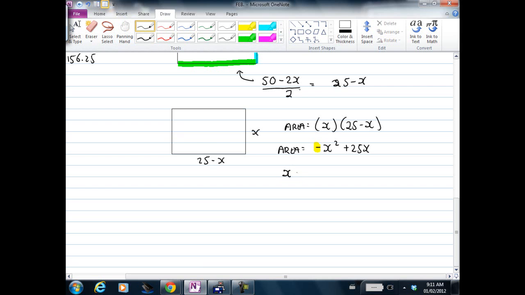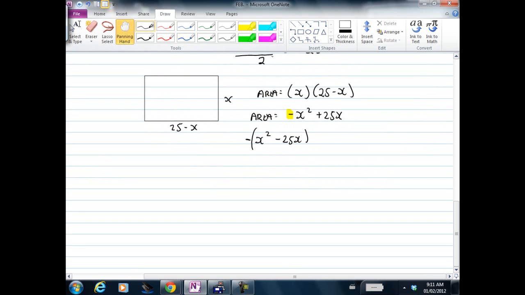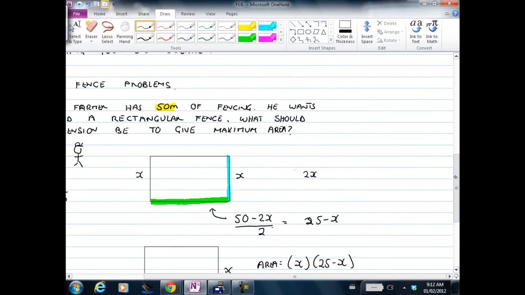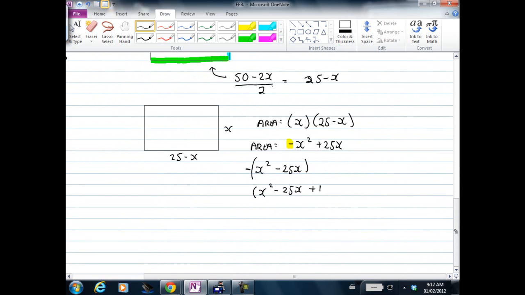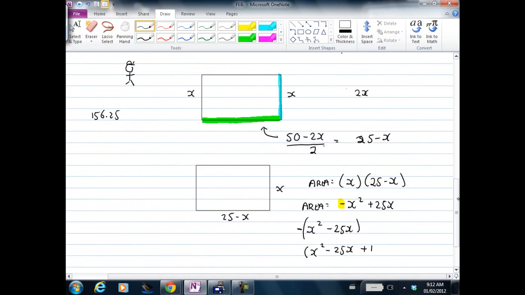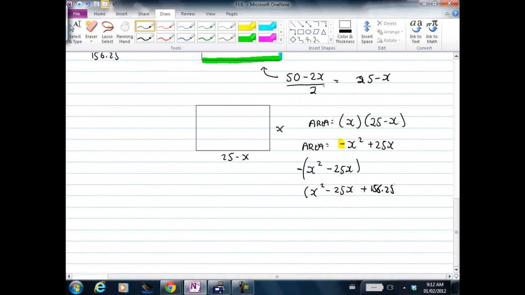So negative x squared minus 25x, and we go through the same process. x squared minus 25x, divided by 2 squared, so we add 156.25 and subtract 156.25.